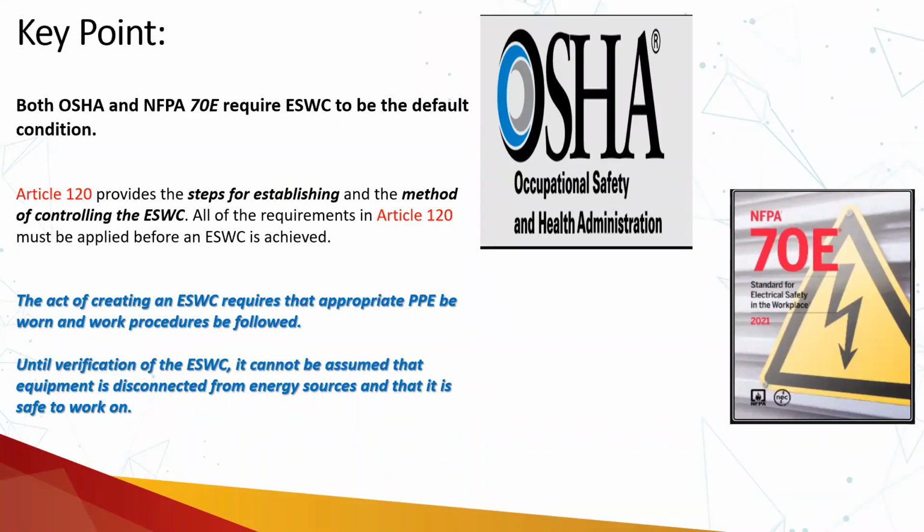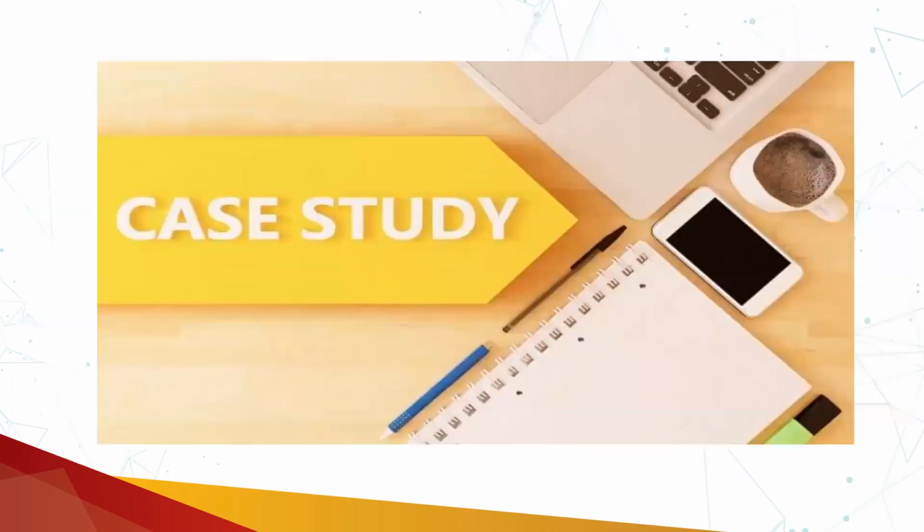The verification step is the 3-point verification, in which you first test your test instrument, then you test the circuits to see whether they have been isolated, and then you again test your test instrument to make sure it is working correctly and that you have rightly measured that there are no residual charges. So until verification of the electrically safe work condition, it cannot be assumed that the equipment is disconnected from the energy source and that it is safe to work on.